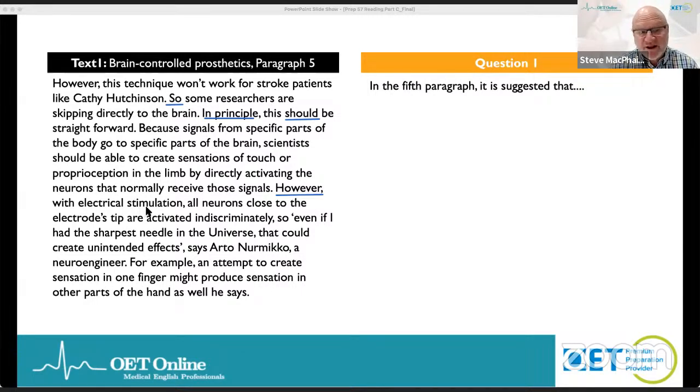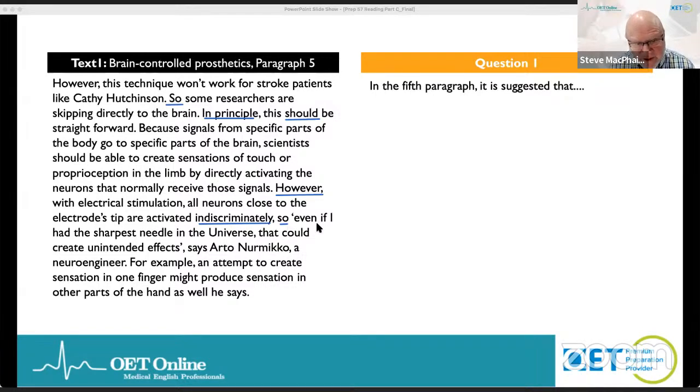However, with electrical stimulation, all neurons close to the electrode's tip are activated indiscriminately. That might be a difficult word for some people. Maybe you're going to underline it. What does it mean? All neurons close to the electrode's tip are activated indiscriminately.